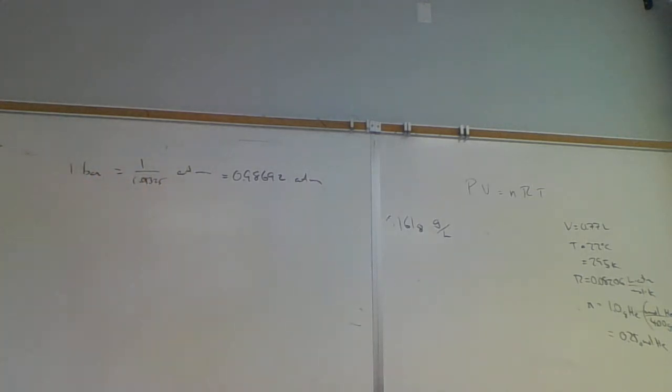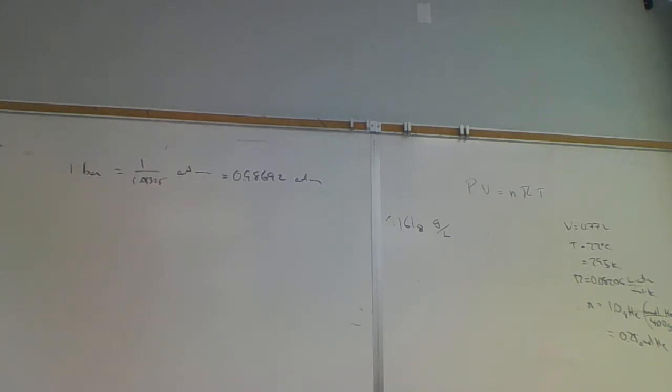It turns out one bar is almost one atmosphere, not quite. The atmosphere is a little bit bigger. We get 0.9869 atmospheres from one bar. It doesn't matter. They're very close.